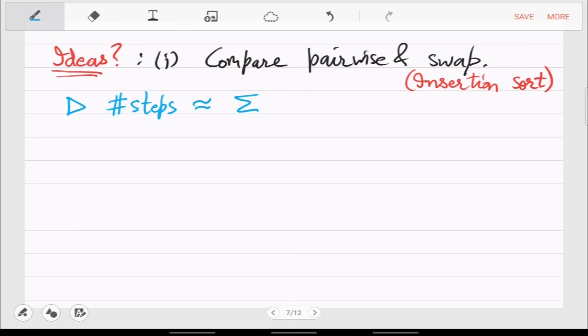So in the worst case you have to go that far. And this i goes from 1 to n, right? So this is around n square by 2. So we call it n square, which is not considered good, although it is certainly better than 2 raised to n by 2.